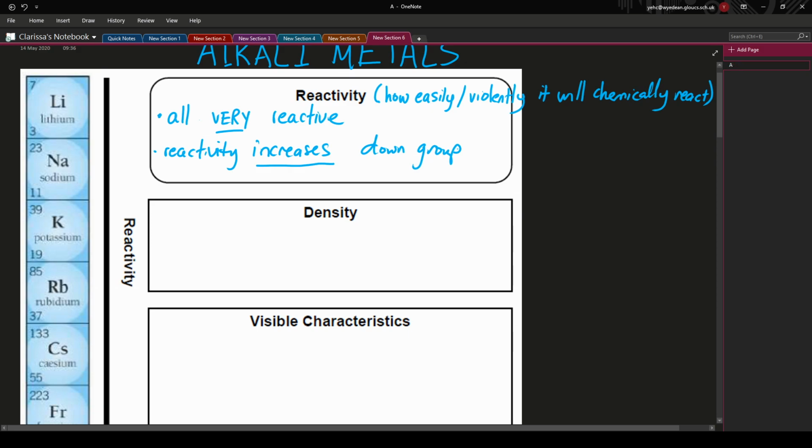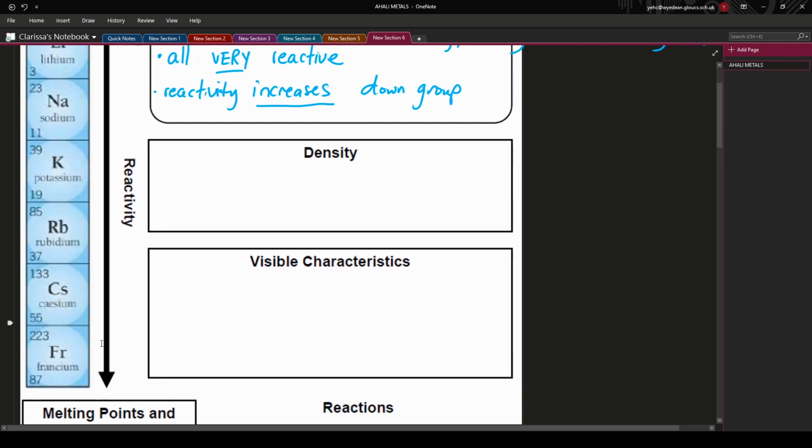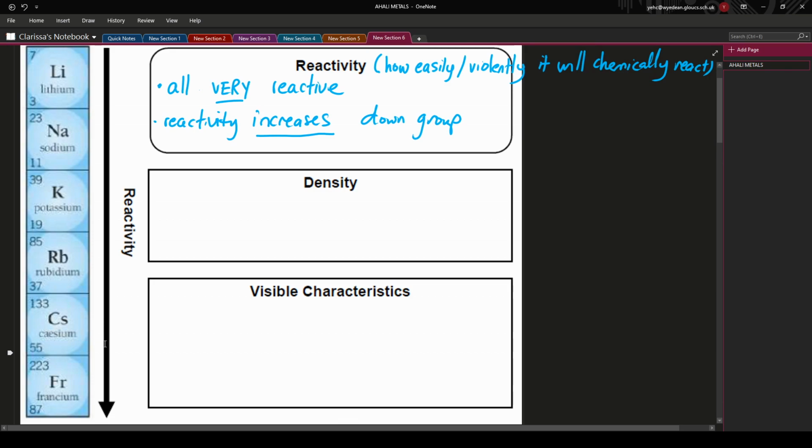So what that means is potassium is more reactive than lithium, rubidium is more reactive than potassium, and the most reactive out of all of them is francium down here. So it is basically like an order of reactivity, a mini order of reactivity based around the alkali metals only.